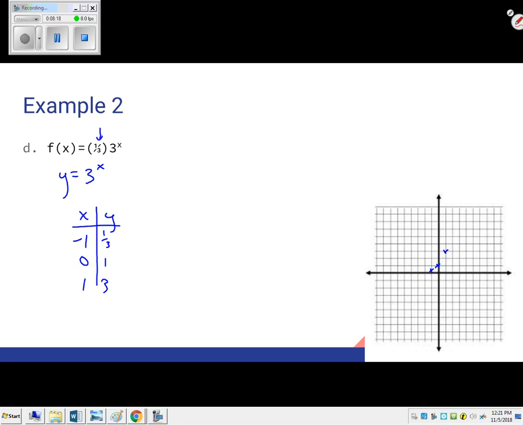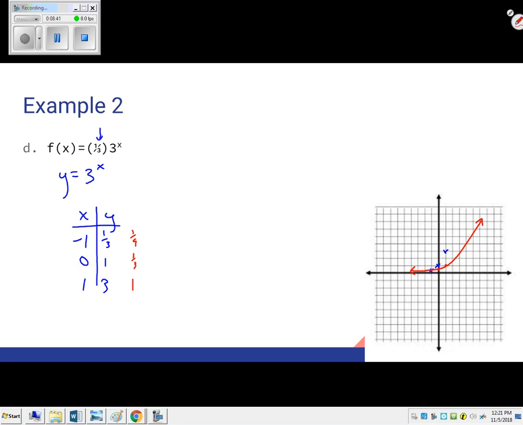I had one young lady this morning say, well, why can't I just come in here and just multiply all these y factors by 1/3? Yeah, that's exactly what we did a couple months ago. You can do that. That was going to be kind of hard to see, 1/3 and 1. And so my graph has just been squished down to this red line.